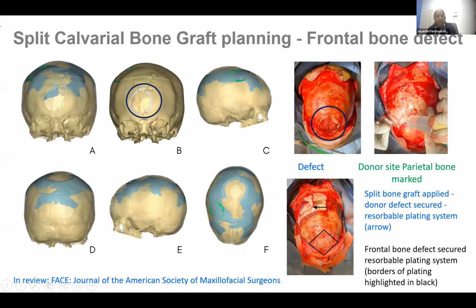This is a split calvarial bone graft where we had to map the thickest location where they would have an optimal position where they can split the calvarial bone for closing this void. So, since this patient was a very small kid, this will grow very well.